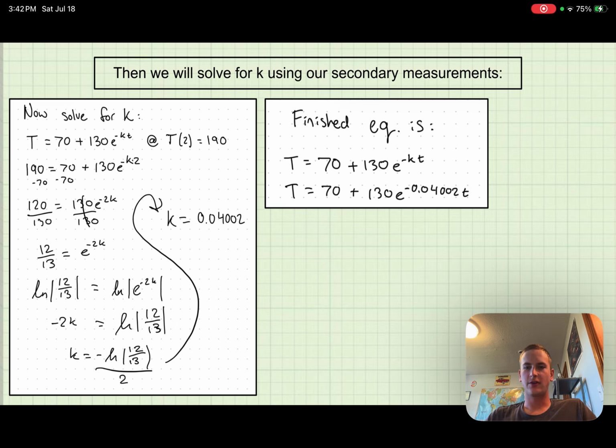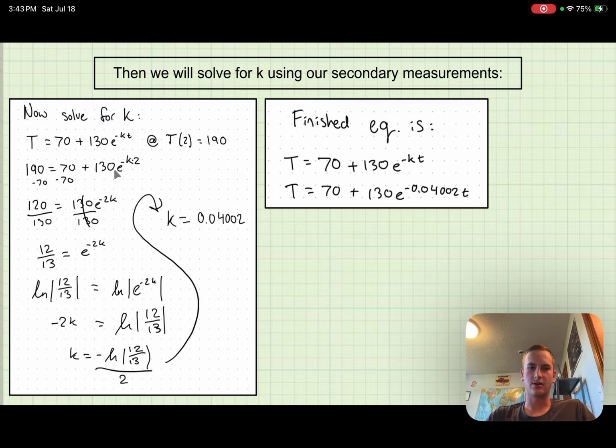And then we're going to solve for K using our secondary measurements. Our initial conditions we used to solve for the plus C. That was at time equals 0, the temperature is 200 degrees. Our secondary measurement is at time equals 2 minutes, the temperature is 190 degrees. So it's obviously decreased some. You can use that information to solve for the rate of change, which is K. It's just algebra.